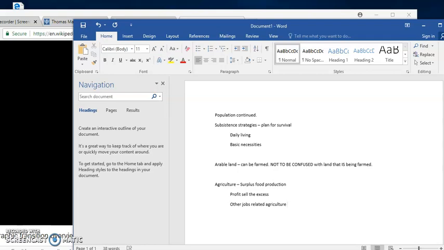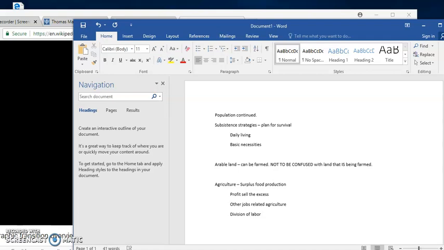So for instance, you're going to have carpenters, you're going to have seamstresses and tailors, and you're going to have butchers, and you're going to have all kinds of related jobs. So not everybody has to work in the fields in agriculture. You have a different division of labor with agriculture.